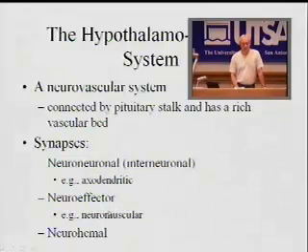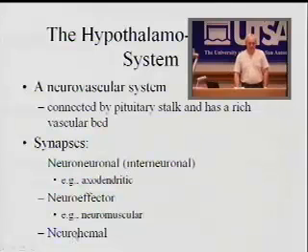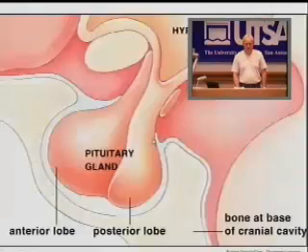So we will see one example of that at least. Today, really, we're looking at the neurohemal junction. So these are neuron terminals, axon terminals ending on the extracellular space surrounding capillaries in the various portions of this neurovascular system that we will discuss.